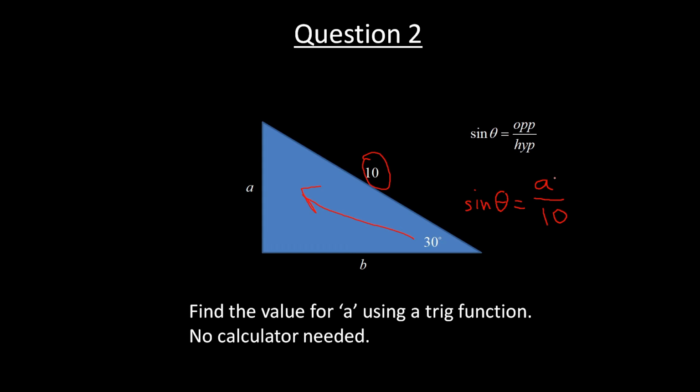And we want to find the value for A. So all we're going to do is solve for A, which means we'll multiply both sides by 10. And now our angle, I put sine theta here. I'm giving you the angle, though. It's 30 degrees. Oops, I ran out of screen space there. And so that's A. 10 sine 30.